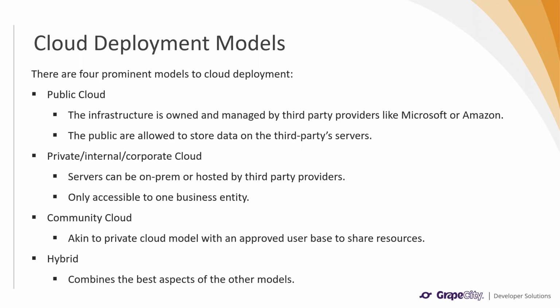Public is when, for example, you go to Azure and open up a subscription. They have resources and infrastructure available that they rent out, and you rent a portion of their services and pay a monthly charge or whatnot. So you get to use those services from them.